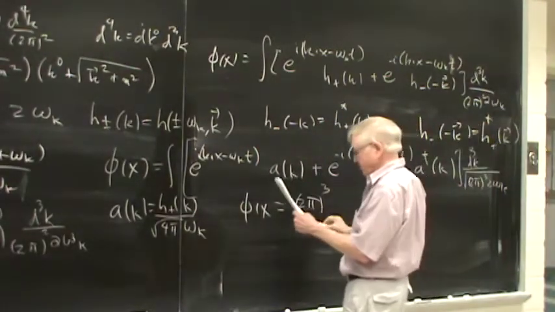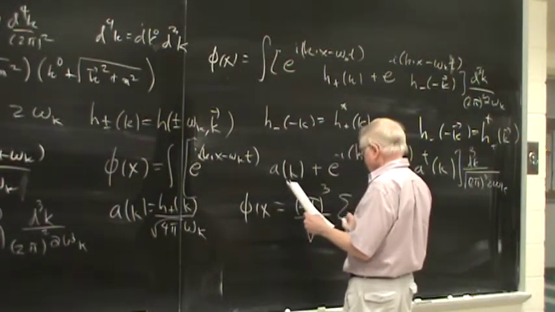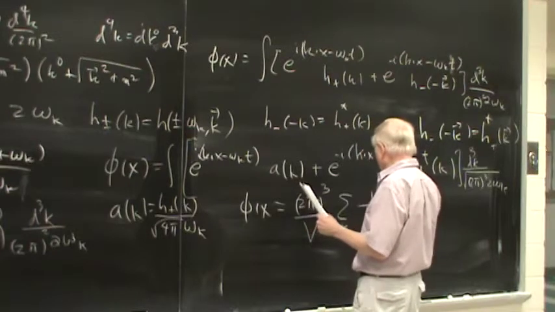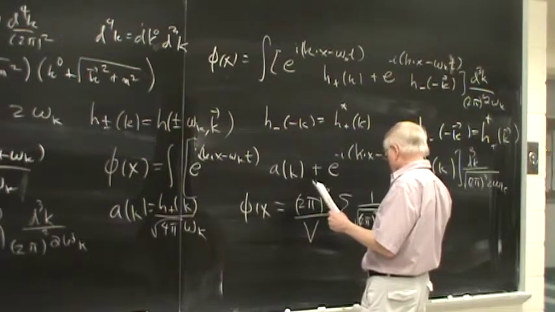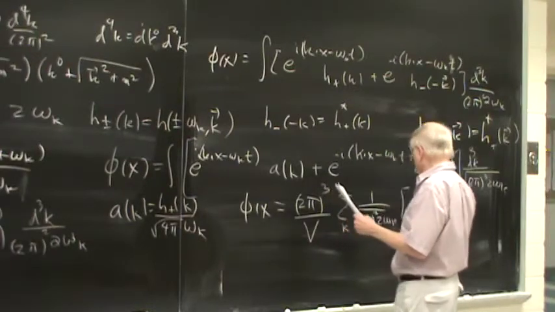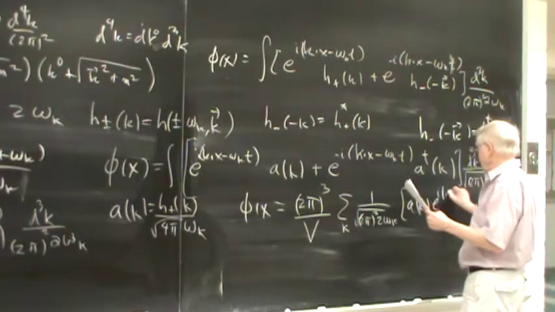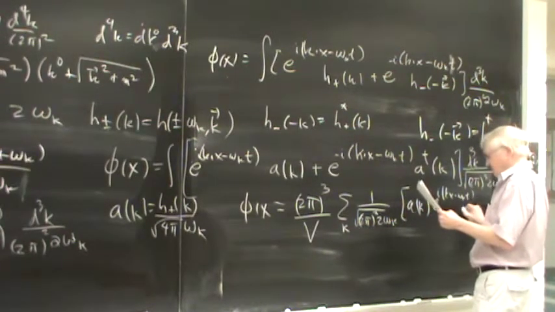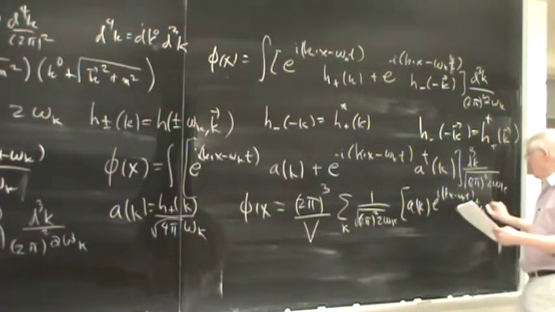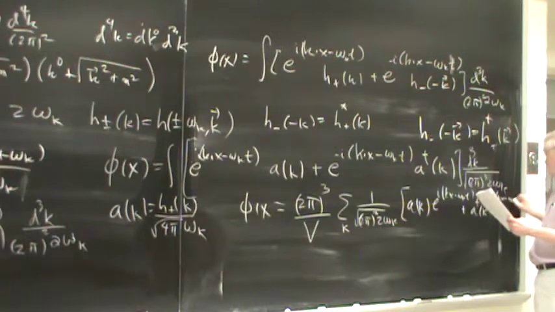We divide by L cubed, which is the volume. We then have a sum over k, 1 over square root 2 pi cubed, 2 omega k, and then we have a of k, e to the I kx minus omega kt plus a dagger k, e to the minus I kx minus omega kt.